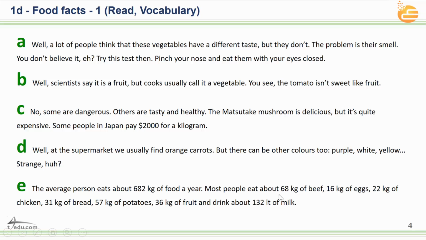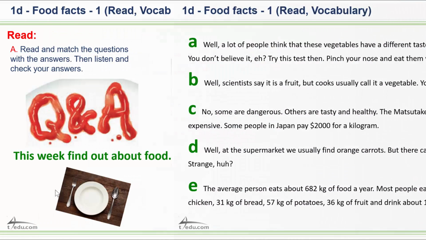Most people eat about 68 kilograms of beef, 16 kilograms of eggs, 22 kilograms of chicken, 31 kilograms of bread, 57 kilograms of potatoes, 36 kilograms of fruit, and drink about 132 liters of milk. So it is E. Very nice.